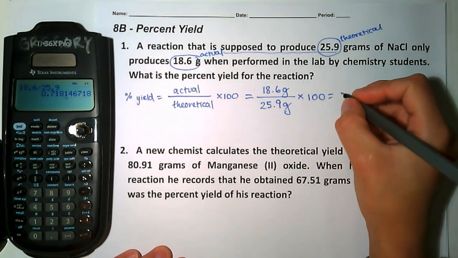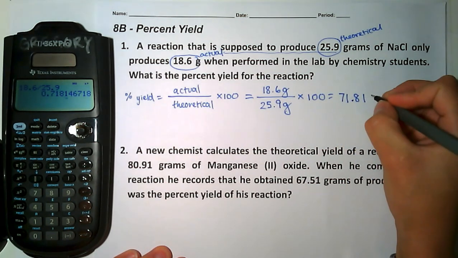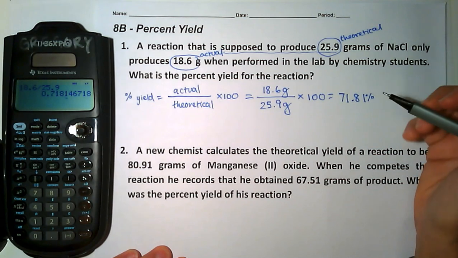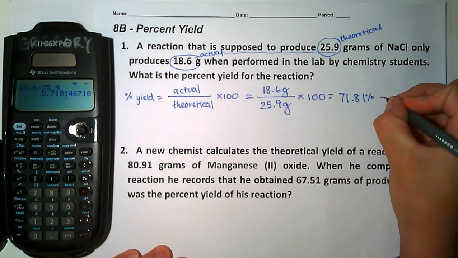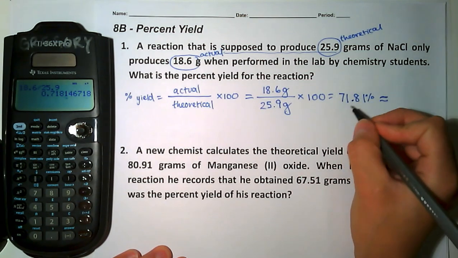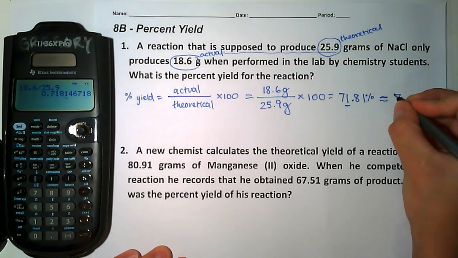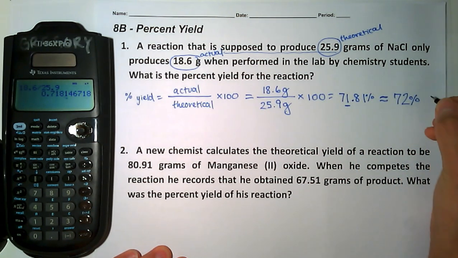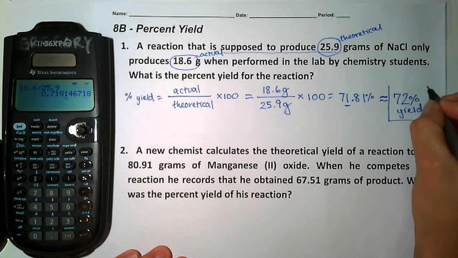So if we multiply that by 100, we get 71.81%. But when we're reporting percent yield, we only report it to a whole number percentage. So we're going to round this to just a whole number. So this 1 is going to round up to 2, so this will be a 72% yield. So there's our percent yield.